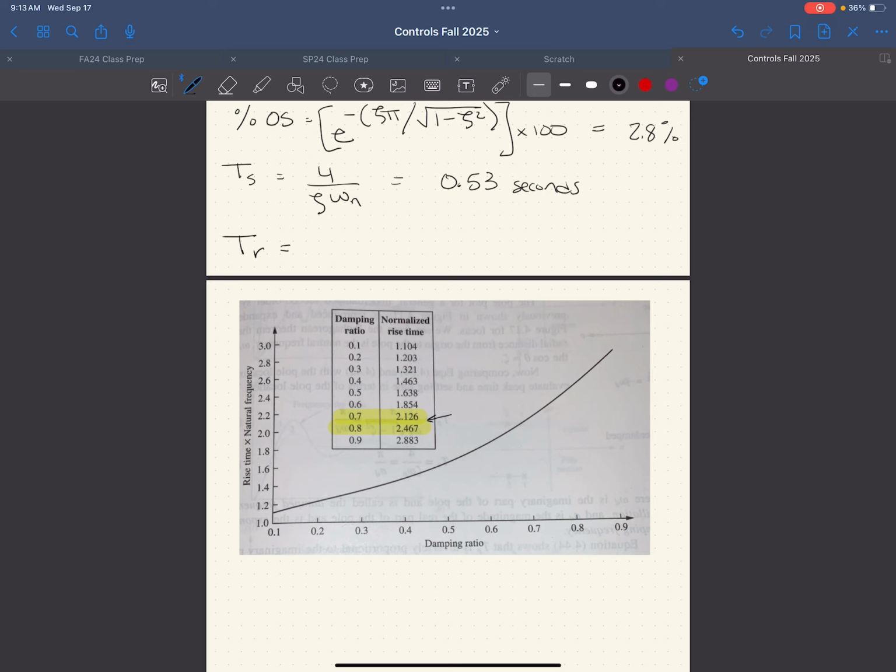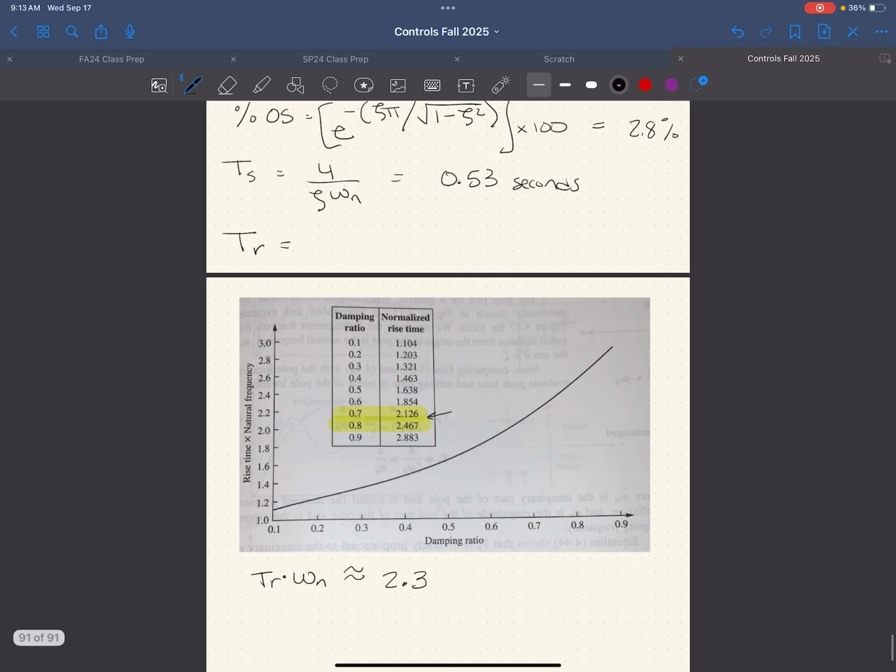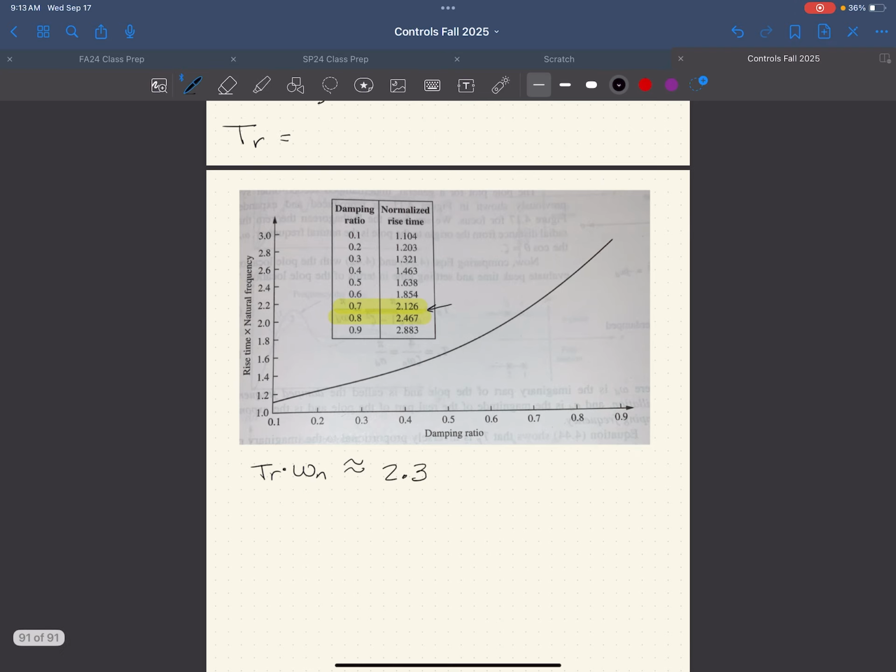So let's say that TR times omega n, the normalized rise time, is somewhere between 2.1 and 2.4, so we'll call it 2.3. But now, to find the actual rise time, we need to divide this number by omega n. So TR is roughly equal to 2.3 divided by that 10 radians per second natural frequency, which is 0.23 seconds.